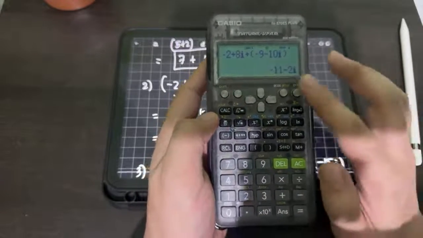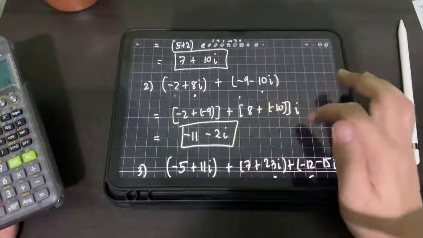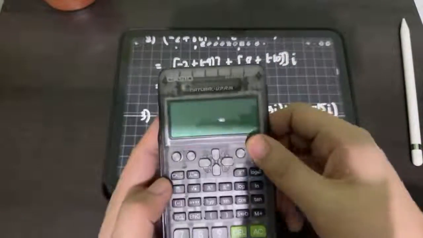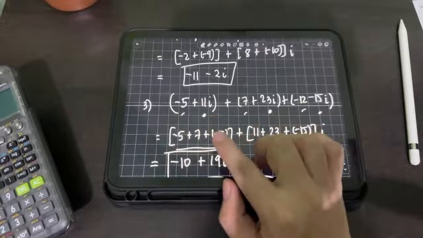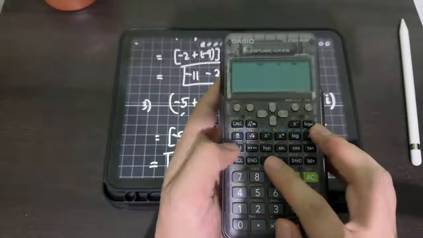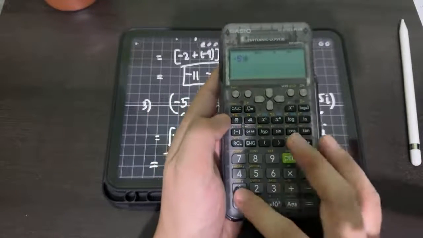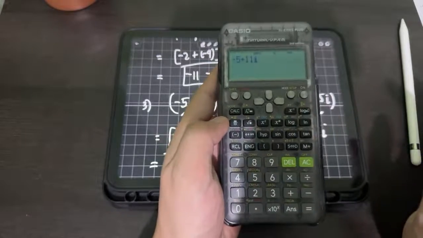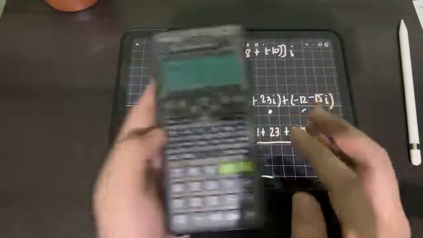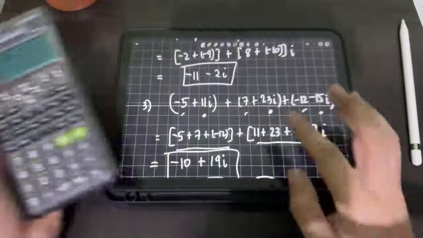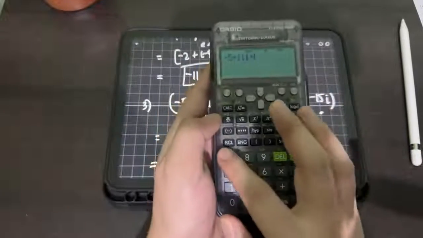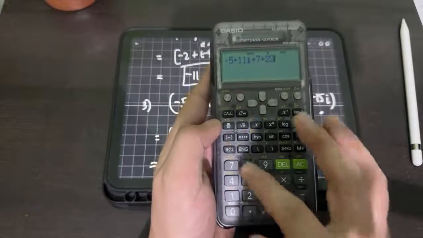So, negative 11 minus 2i. Correct. Next, negative 5 plus 11i, then plus 7 plus 23i.